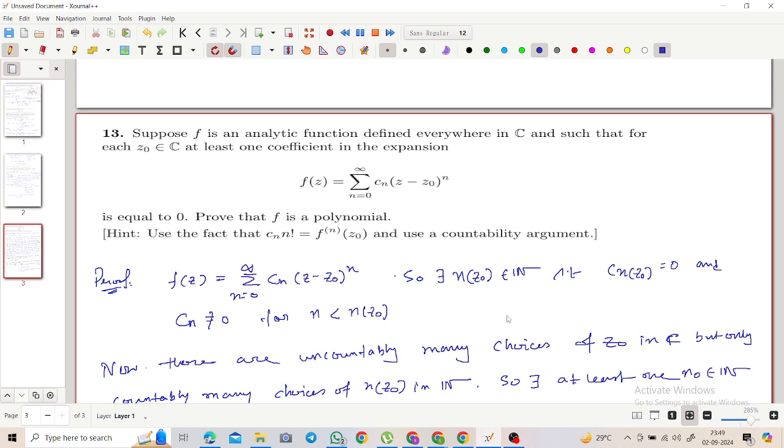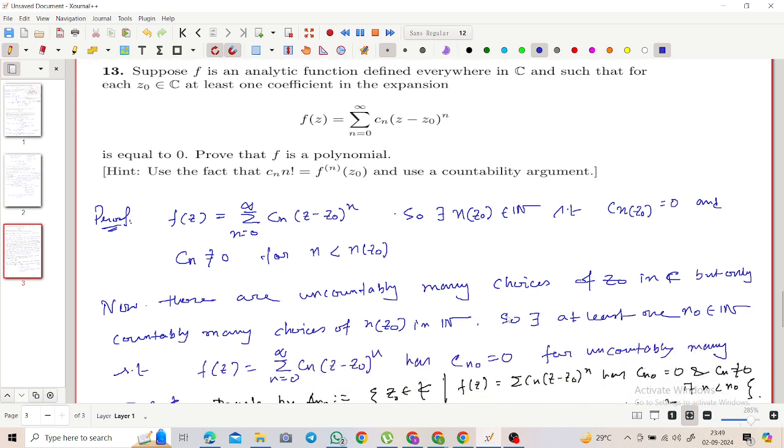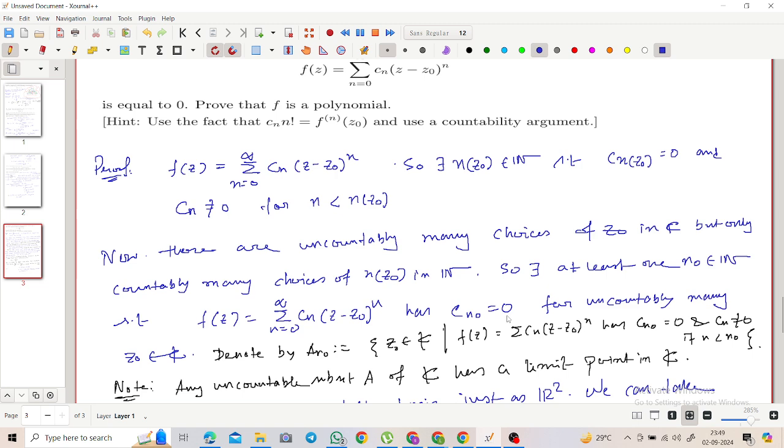So what do we do? We first observe that there are only finitely many choices of n naught. I mean, countably many choices of n, but infinitely many choices of z0, right? So there exists one integer for which uncountably many z0 admit that the expansion vanishes after c n naught, right?